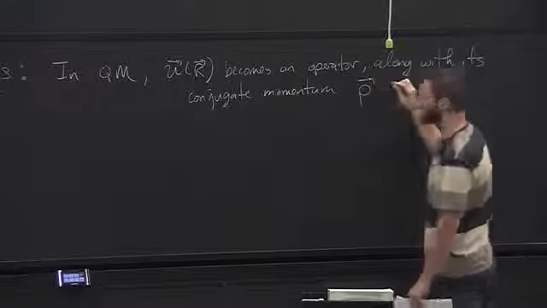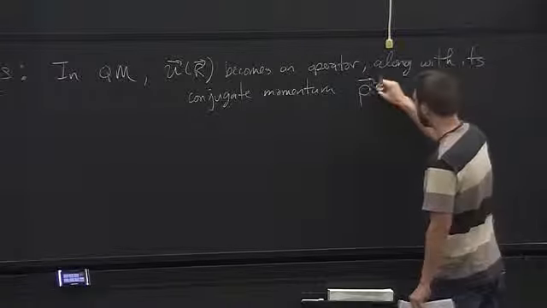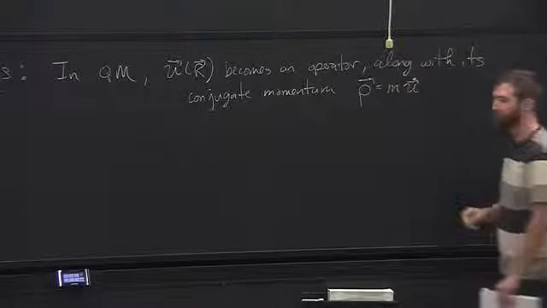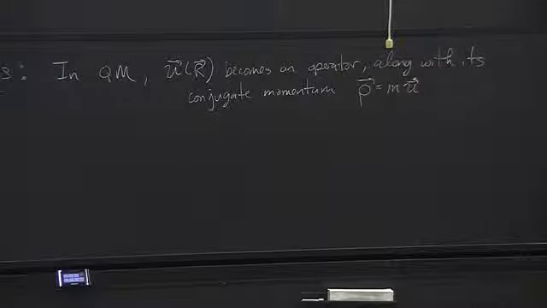And P, which is just, well, you know what it is. It's mu dot, classically. So what we have to do is basically go through our same derivation that we started last class and put in all the quantum mechanics.